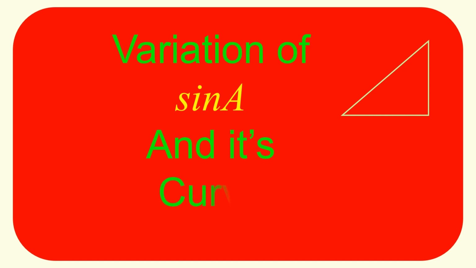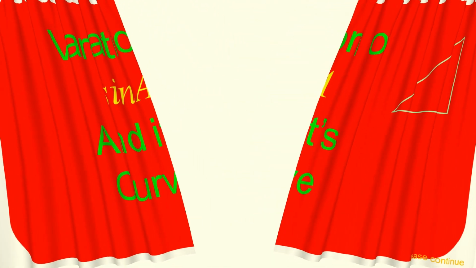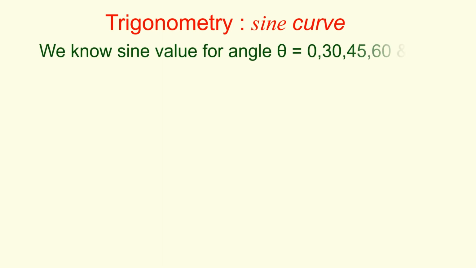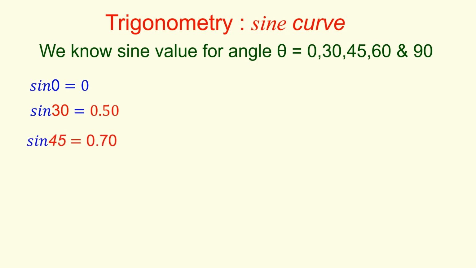Variation of sine A and its curve. We know sine values for angle theta equals 0, 30, 45, 60 and 90.